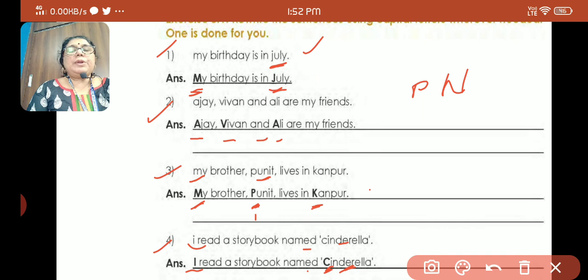Now I, pronoun I is always written capital, whether in the beginning or in the middle of a sentence. And named, the book named Cinderella. Cinderella is a name given to the book, so it's a proper noun again and we write it in capital. So this is done. All done.